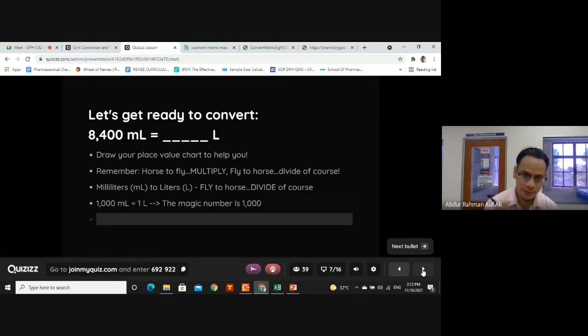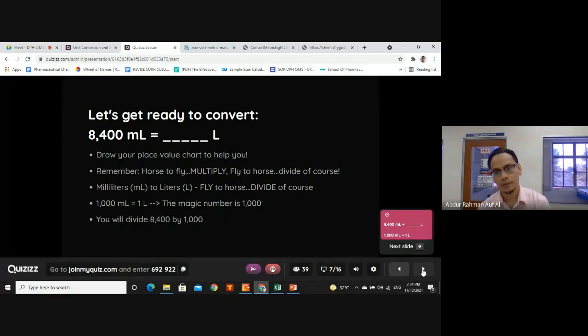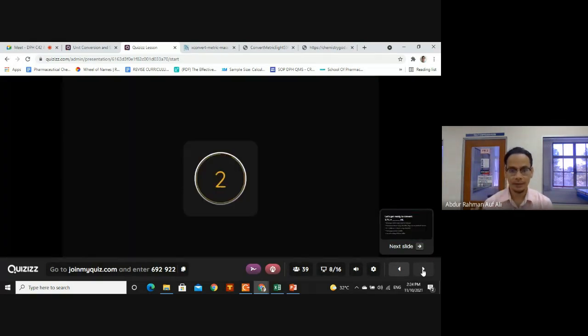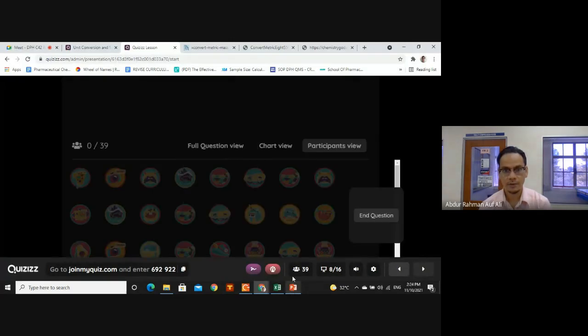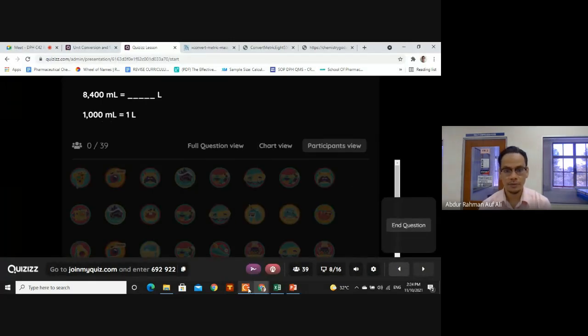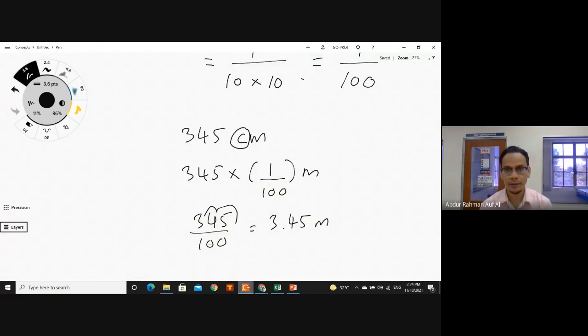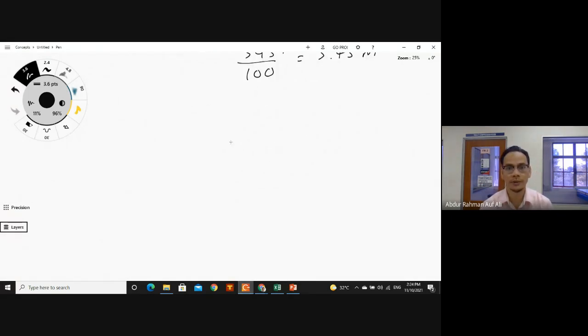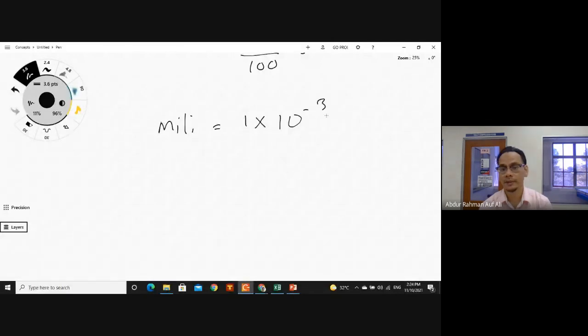We need to determine the factor, the magic number in this case, which is 1,000. So why divide by 1,000? Same as centimeter and kilogram. Milli here means, we wait for the question to come up. If centi is 10 to the power of negative 2, milli means 1 times 10 to the power of negative 3.